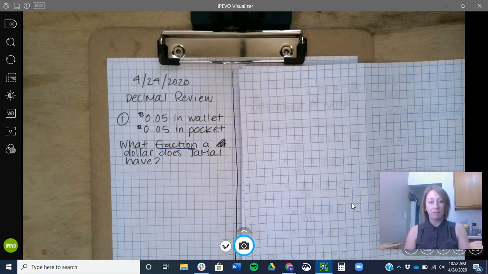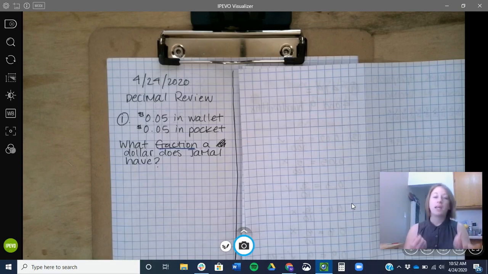Well, 1/2 is when you take 1 whole of something, 1 whole sandwich, 1 whole pie, 1 whole pizza, and you cut it into 2 equal sized pieces. Well, what that means is that we can also separate things into equal sized pieces, and it doesn't have to be just food. It could be things like money.